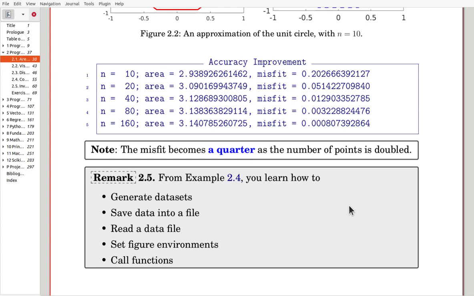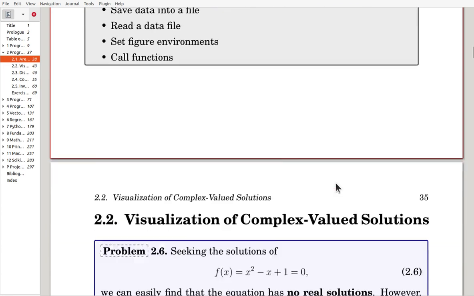This is a simple example of area estimation defined by a closed curve. Okay. Thank you.